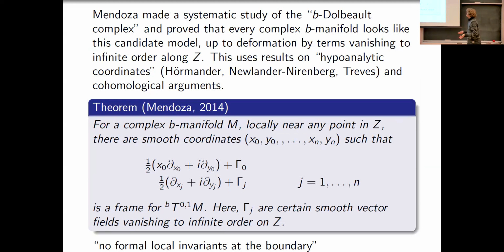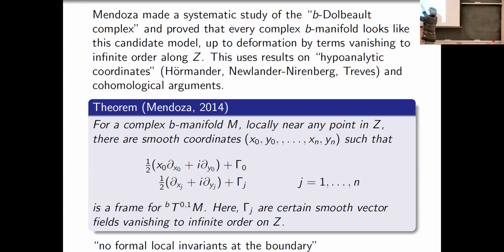So he analyzed this systematically and proved, using this analysis, almost the theorem that you might want to see, up to some deformation terms that I won't write down, but there's some error here. He's not quite finding the charts that eliminate some garbage here. These are vector fields that vanish on Z to infinite order.